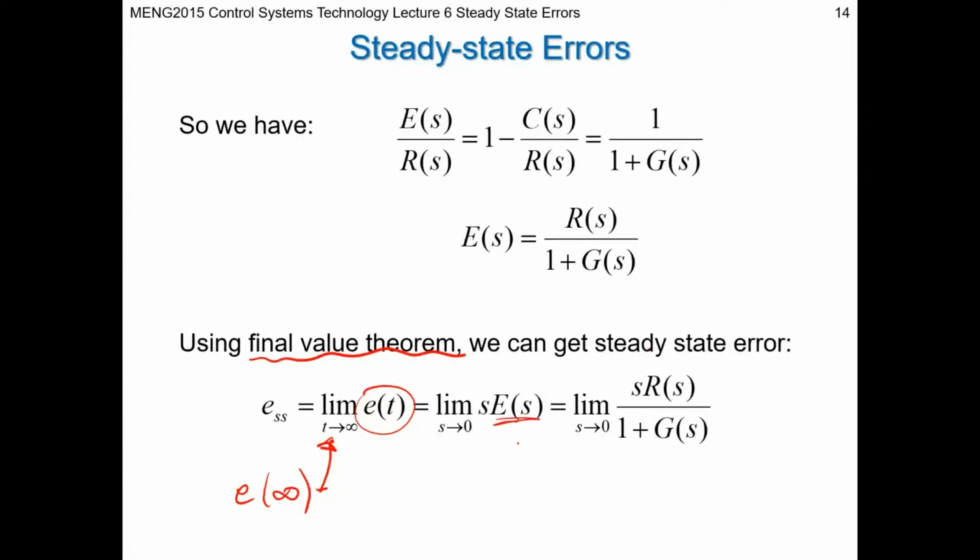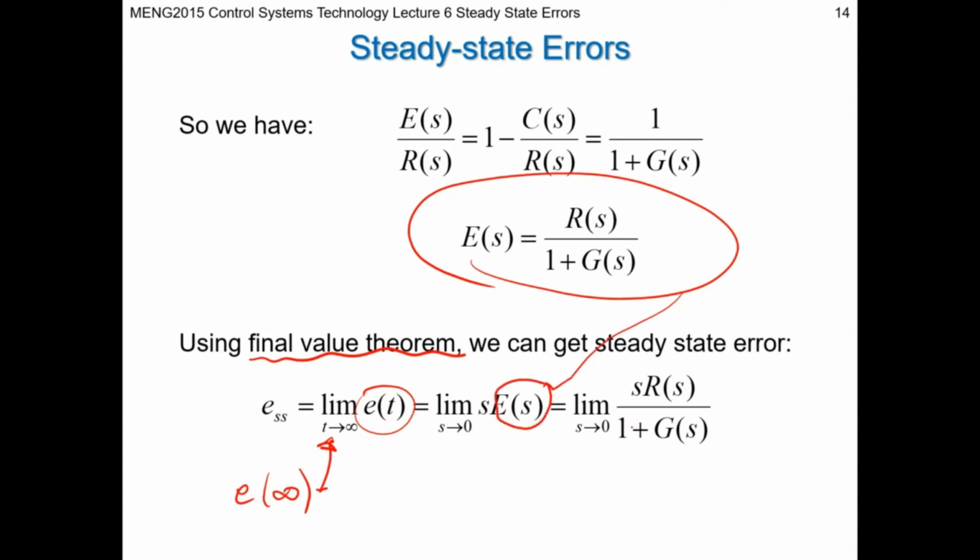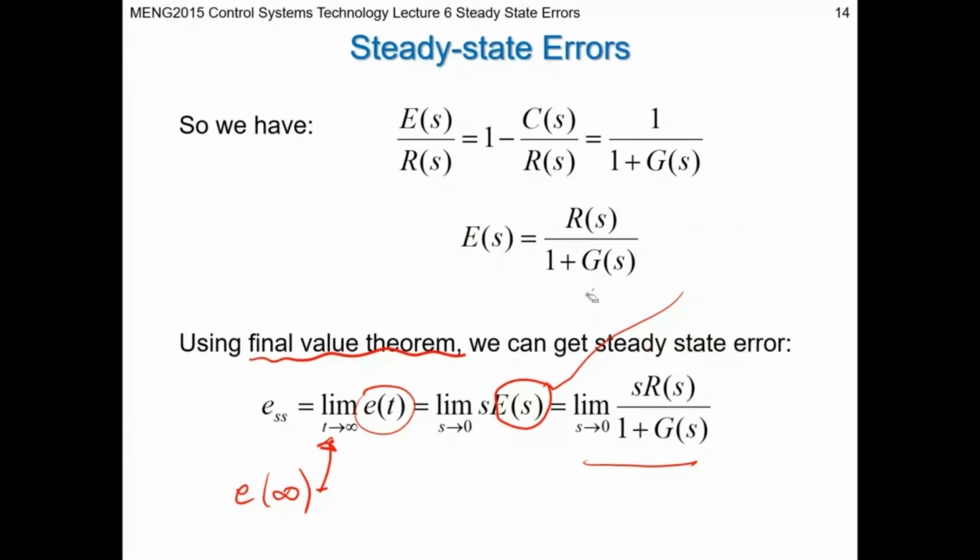So our Laplace expression of error E(s) times s, and we set the limit to 0 now. So we already have an expression here for E(s), so we're going to put that in here, and that's what we have. We're setting s going to 0, that's our limit term, but we have an s, so we multiply s by this E(s).